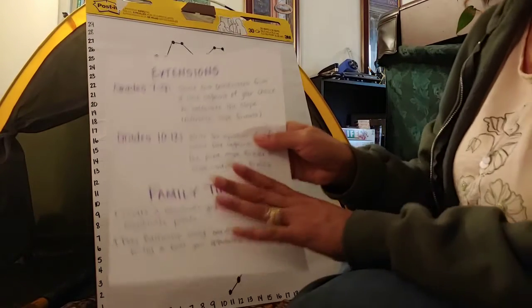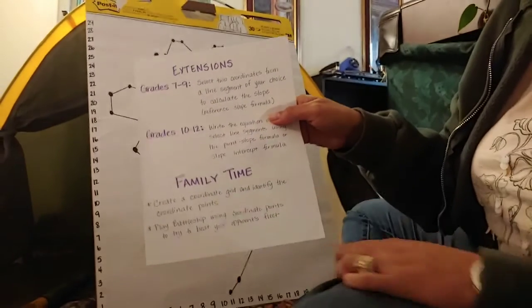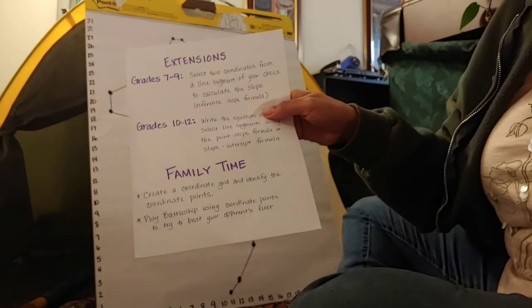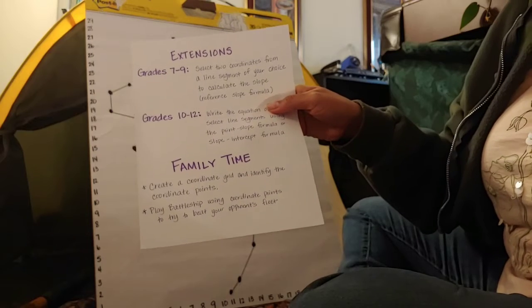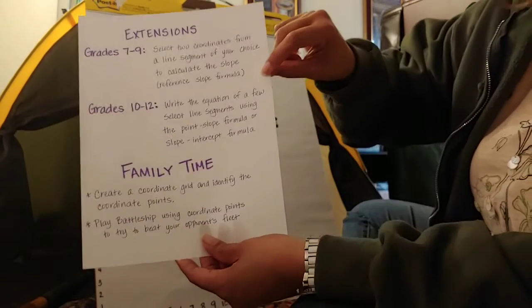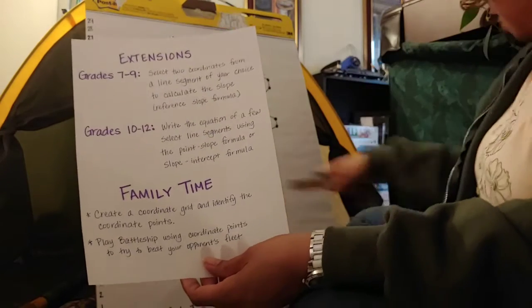For our 7th through 9th grade students, we can select 2 coordinates from a line segment of our choice, whatever ones you would like, to calculate the slope, okay? And the reference for that is the slope formula. So I'm going to actually model that for you.